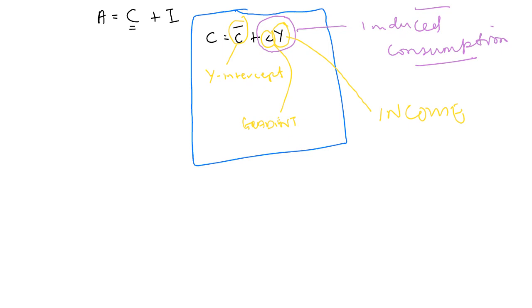Absolutely, c is the marginal propensity to consume, which is its other name and the more important name. And I'm just going to put there marginal propensity to consume as well.